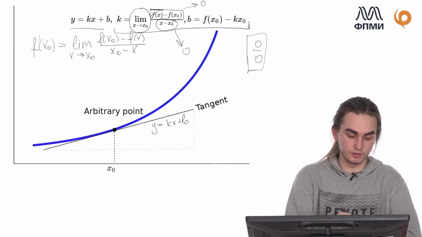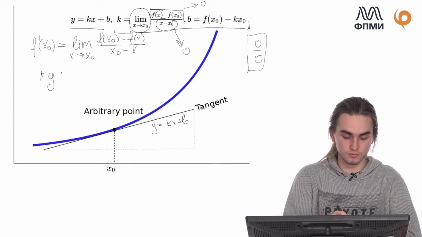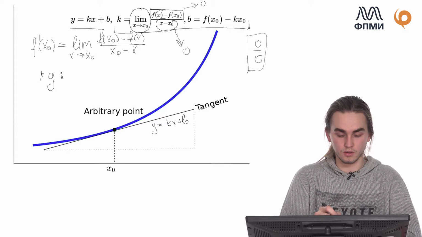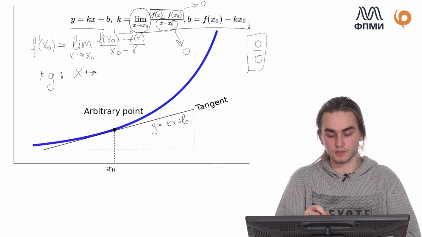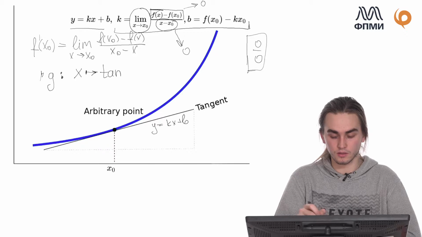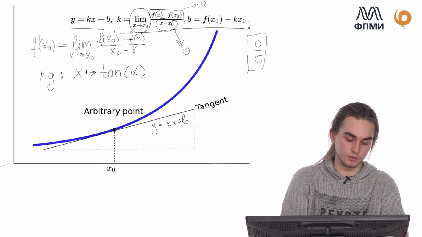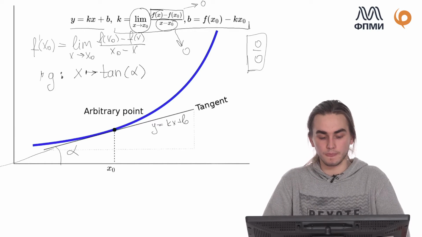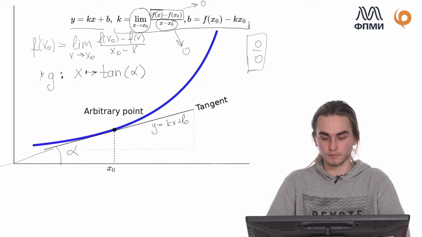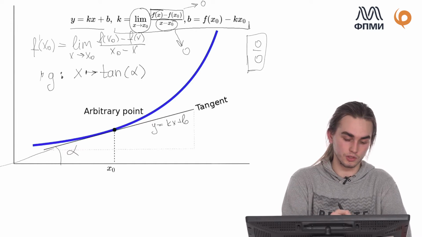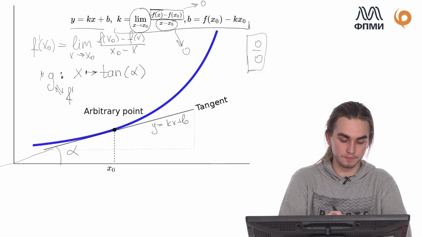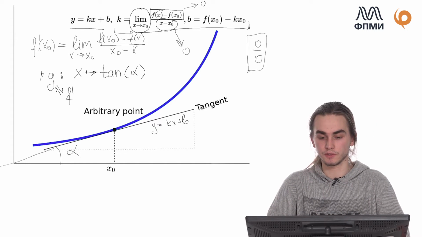So basically it will be a function which makes a sample from x's and makes from these x's a tangent of alpha, which alpha you already know, it's this one. So this is pretty much it, and we won't call it j, we will call it f prime, and it will be our derivative.